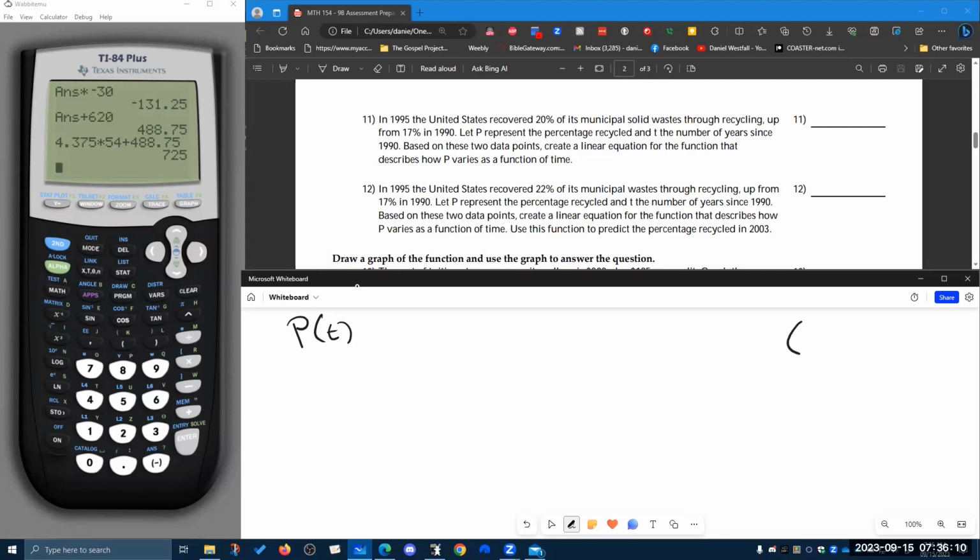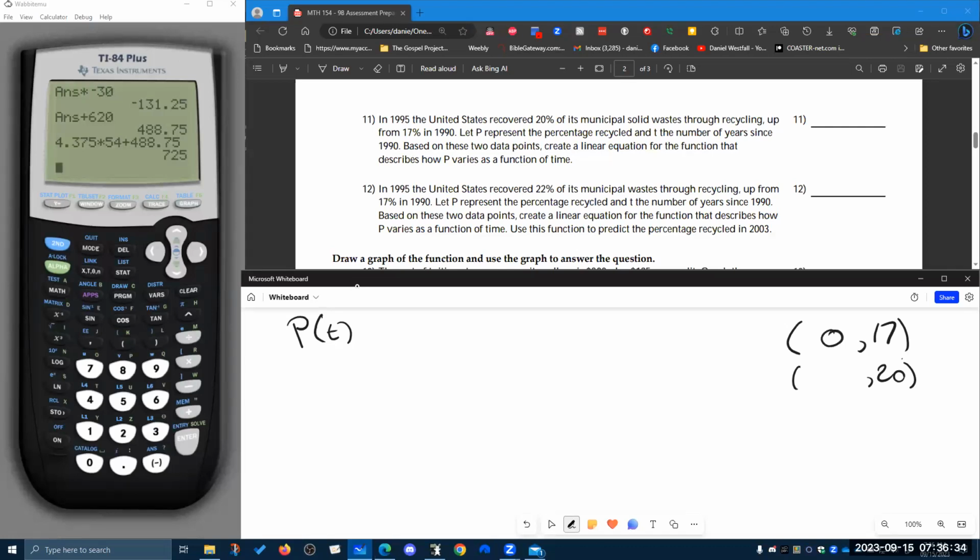And we had in 1990, we had a percentage of 17%. And in 1995, we had a percentage of 20%. And T is going to be the number of years since 1990.